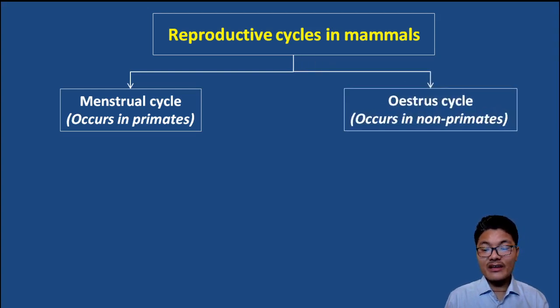And we have another cycle called the estrous cycle, which occurs in primates and non-primates. So the menstrual cycle and estrous cycle are the reproductive cycles happening in mammals. We have different types of mammals, and in primates, the menstrual cycle occurs. In non-primates, we have the estrous cycle occurring.